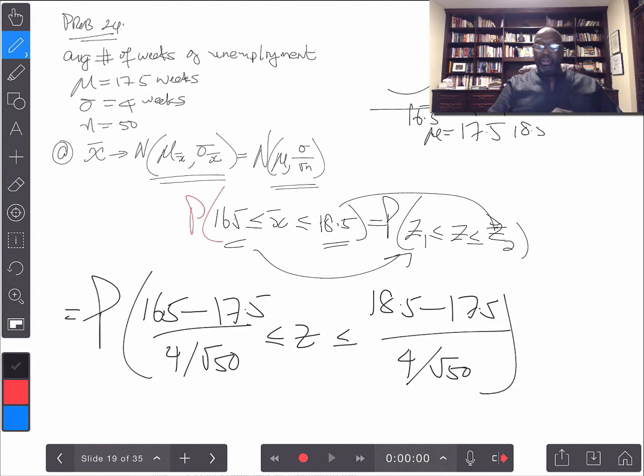When we do the computation, it turns out that Z is between negative 1.75 and positive 1.75.